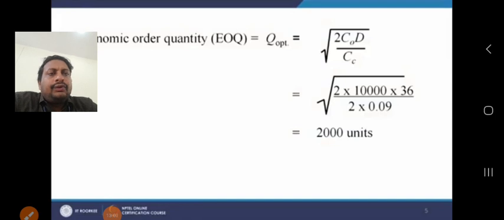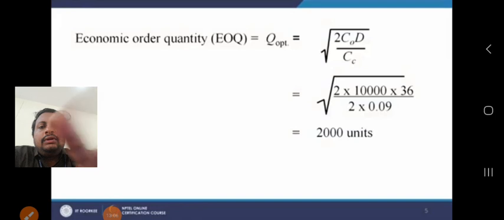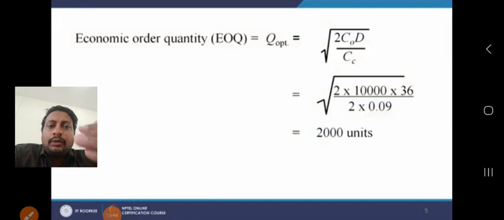If you know these values, simply follow the EOQ model. The EOQ means how many times we place the order and how much quantity we place in each order. So this is about EOQ.